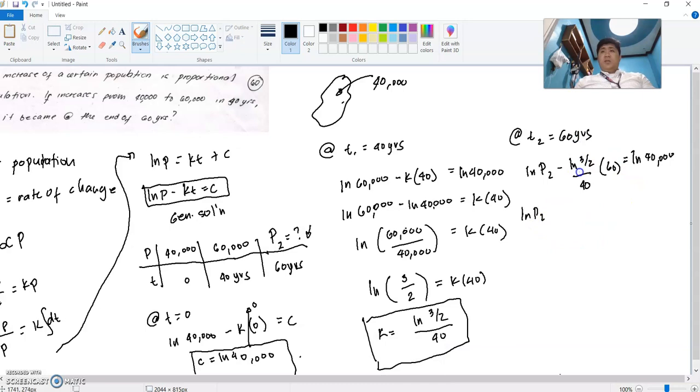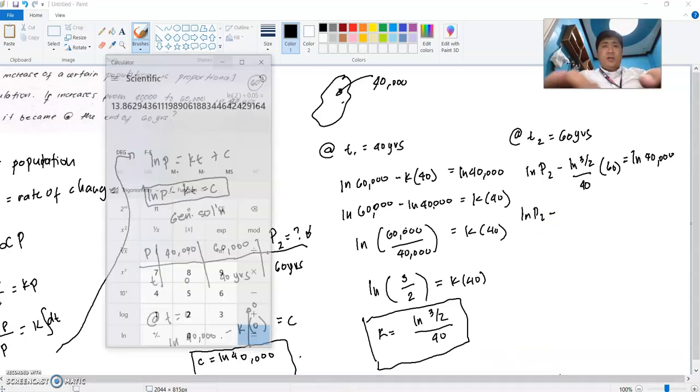So we can just do it with the calculator already. You could do it directly, get the calculator, add it with this one, then e raised to the power of the value. Okay, let me use a calculator.